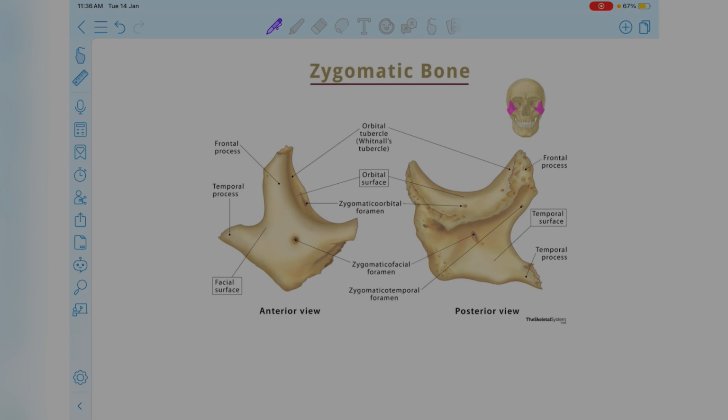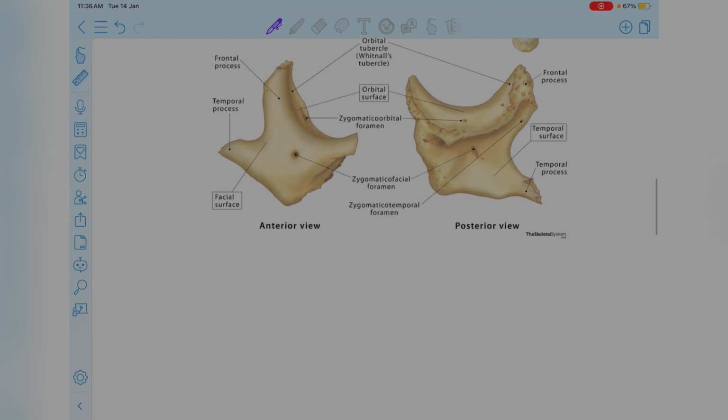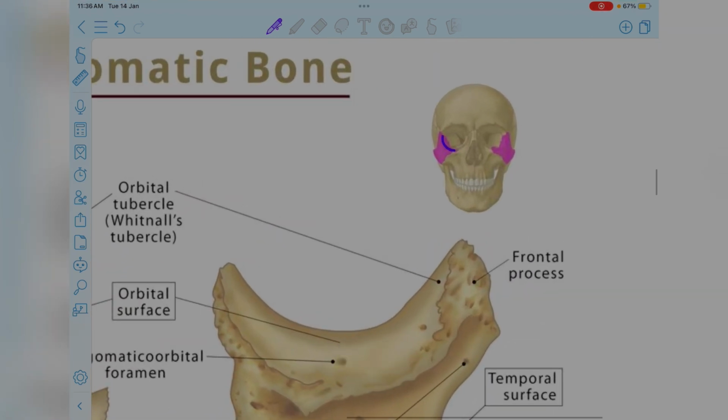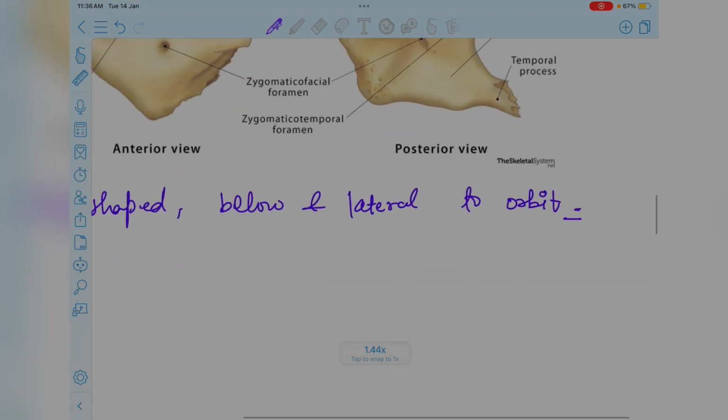Now we'll talk about the zygomatic bone. The zygomatic bone is diamond shaped and lies below and lateral to the orbit. You can see in this diagram that it's present below and laterally to the orbit.